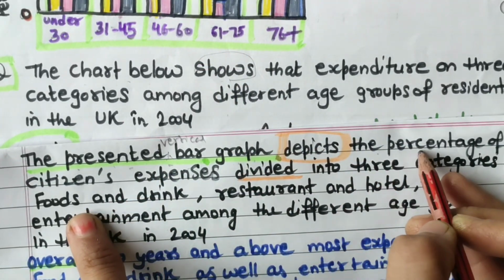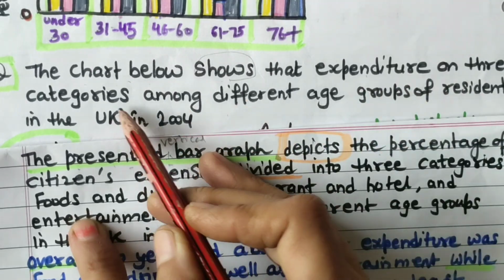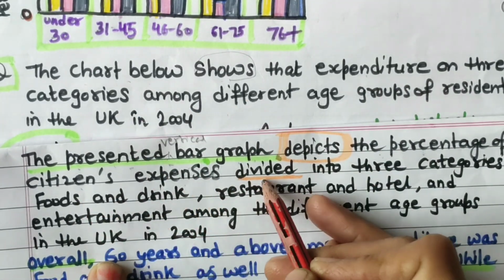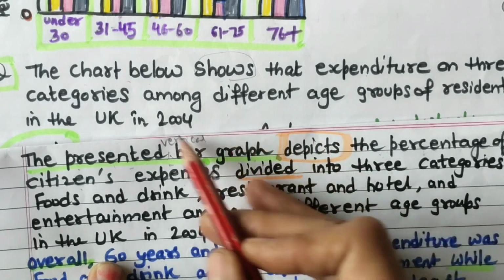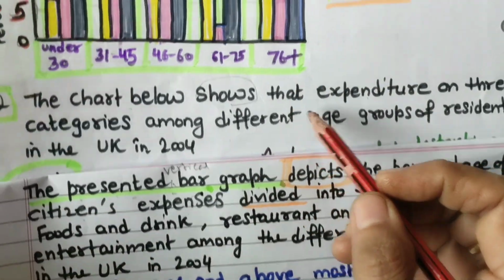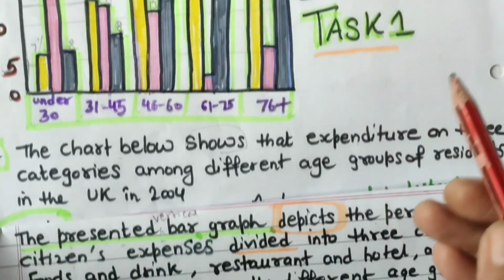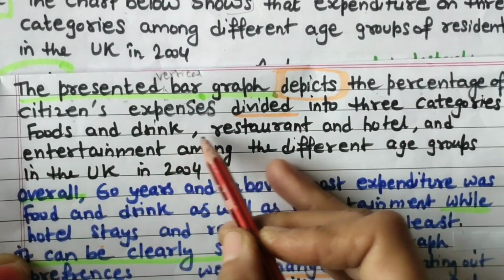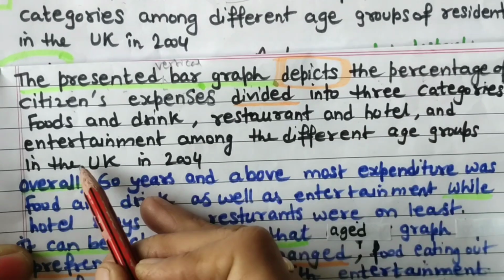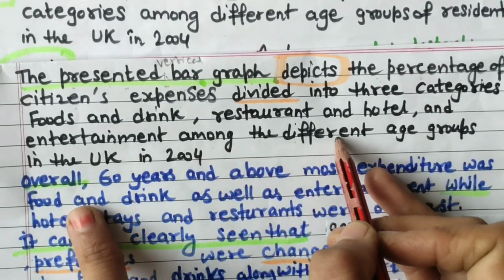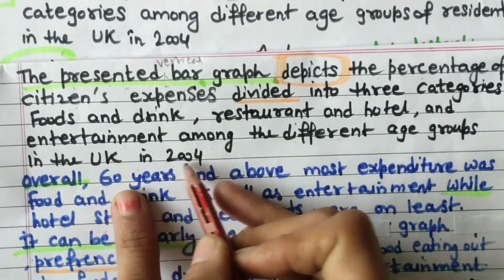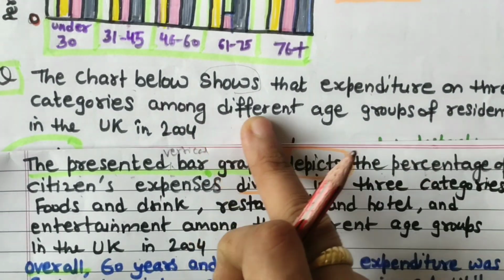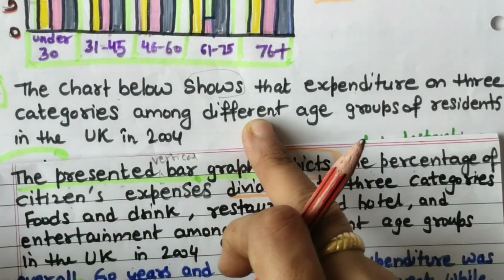The percentage, instead of expenditure on three categories, I have written the percentage of citizens' expenses divided into three categories. We know these are the three categories, and I have taken their names: food, drink, restaurant and hotel, and entertainment, among the three different age groups in the UK in 2004. See this, everything I have written the same. I have only changed some words, taking the words from this diagram.